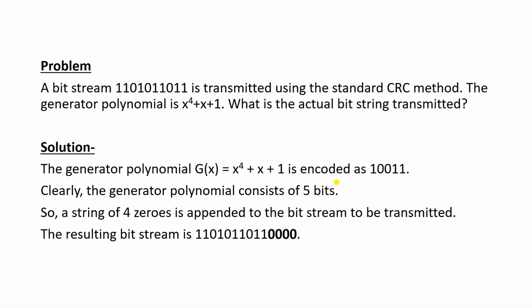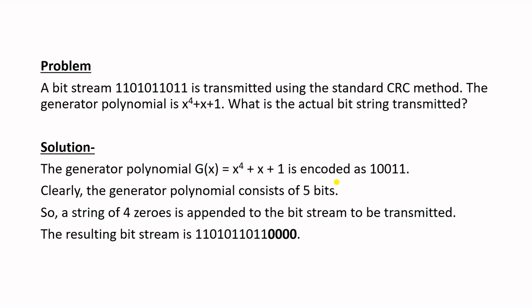First of all, we are given the data stream or bit stream which we have to transmit using this CRC method, and the generator polynomial is given. The generator polynomial is x to the power 4 plus x plus 1. With the help of this generator polynomial, the divisor is found. How is it generated?